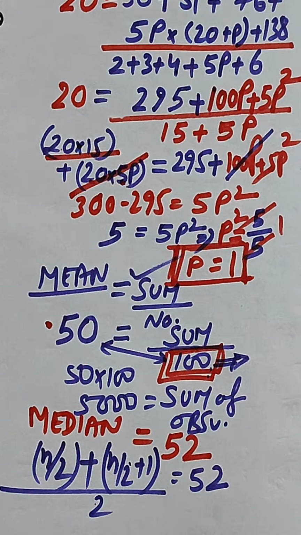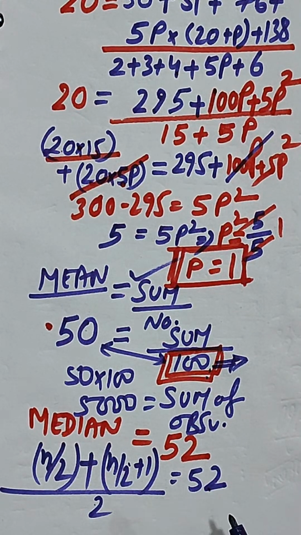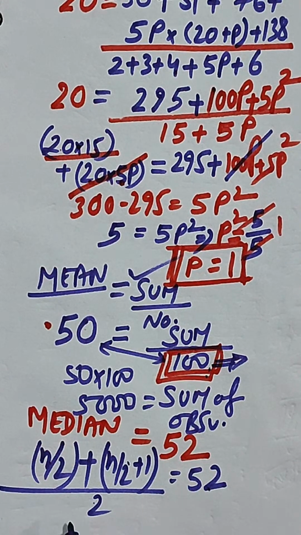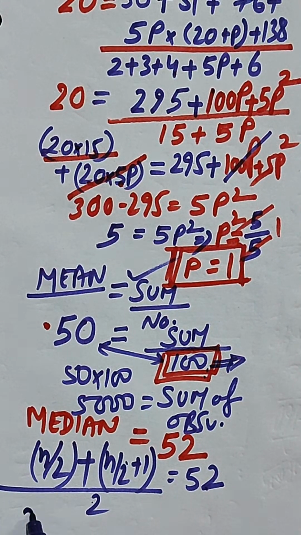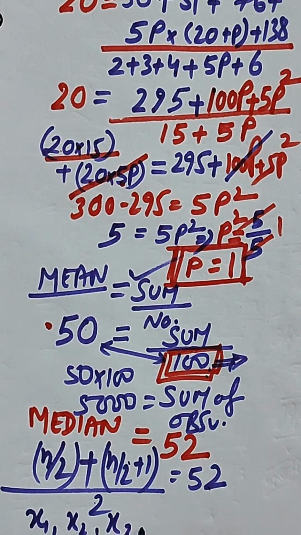Can you just read the question again? The mean and median of 100 observations are 50 and 52. The value of the largest observation is 100. The largest observation, let's say x1, x2, x3, dot dot dot.